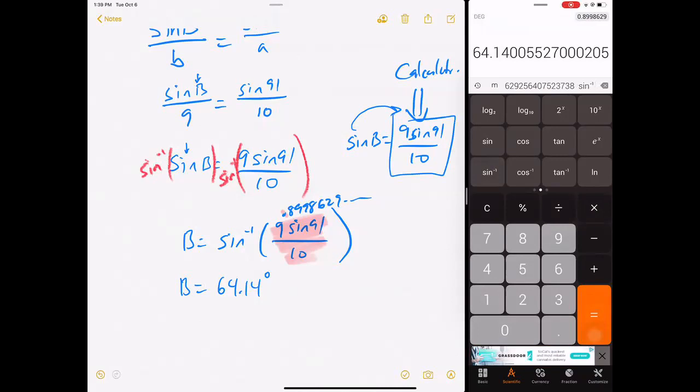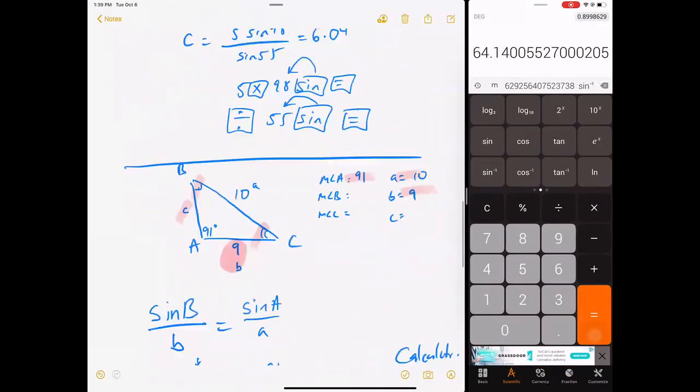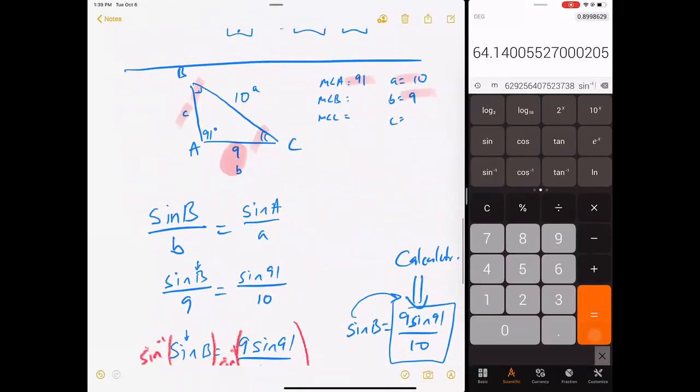Okay. All right, let's see. The angle is 64.14. Let's write that down. 64.14 degrees. Now, if I know this is 64.14, is there a way for us to find out our angle C now? Yeah.